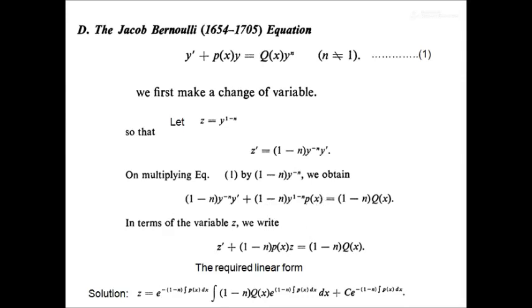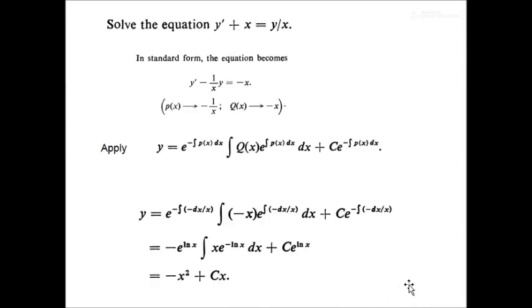So the solution of this differential equation, by taking an integrating factor, is z equal to e to the power minus the integration of 1 minus n P(x) dx, into the integration of 1 minus n Q(x) e to the power integration of 1 minus n P(x) dx into dx, plus c. Now solve this differential equation.